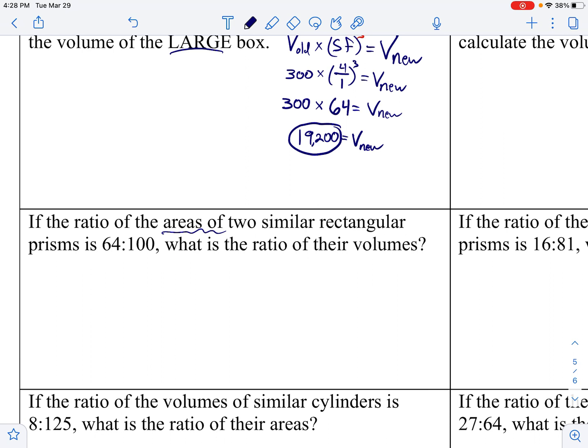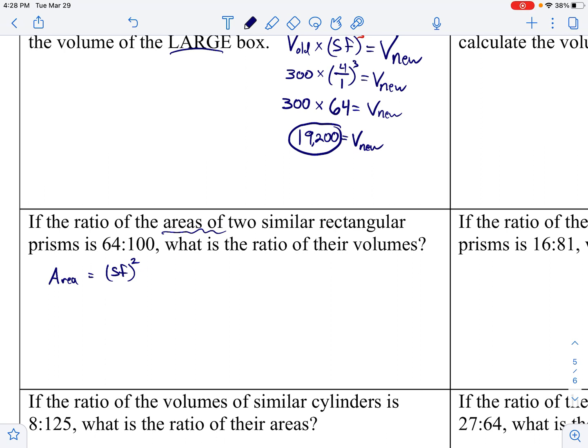So remember, my area factor is equal to my scale factor squared. So let's take that area factor and let's work backwards to find my scale factor.